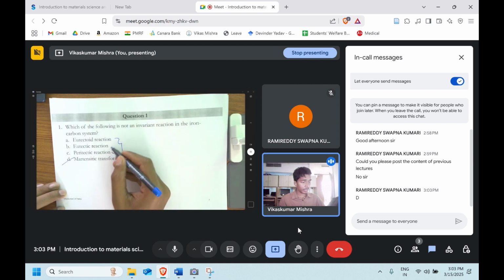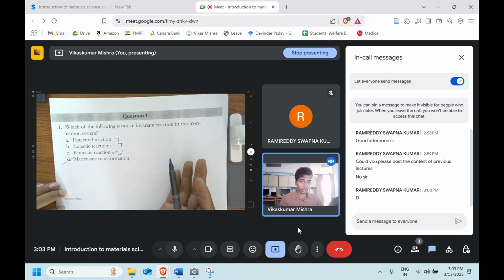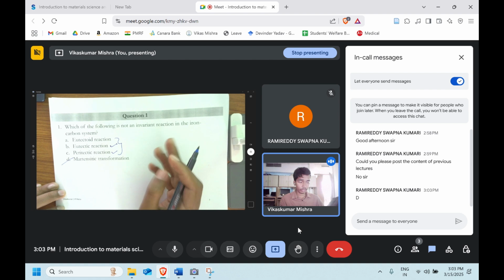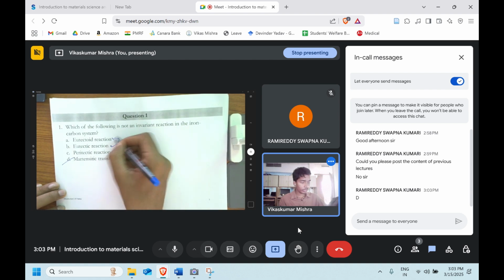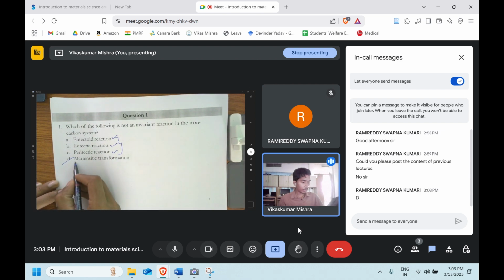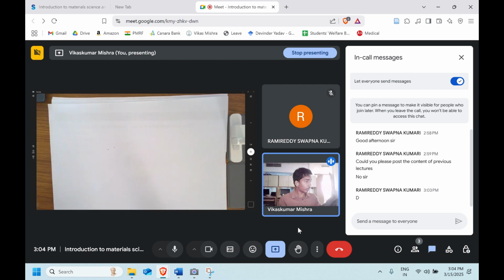At comparatively lower temperature, with more than 2 weight % carbon, the eutectic reaction takes place, where cast iron is there. And then the eutectoid reaction takes place at approximately 725 degrees Celsius. Martensitic transformation is not an equilibrium transformation, so it is not shown in the equilibrium phase diagram. Okay, very good. Let's go to the next question.